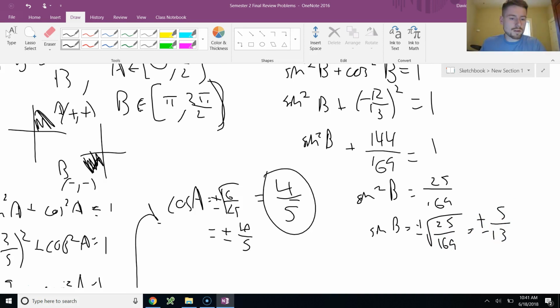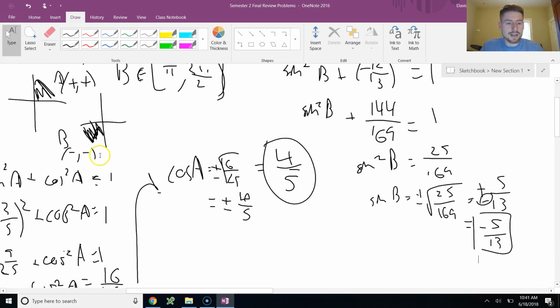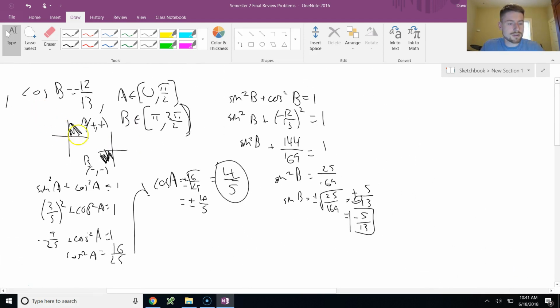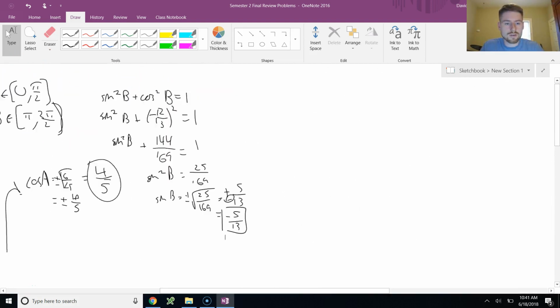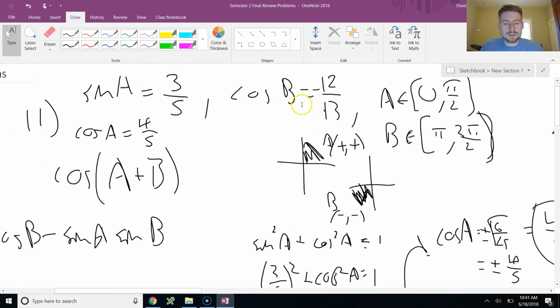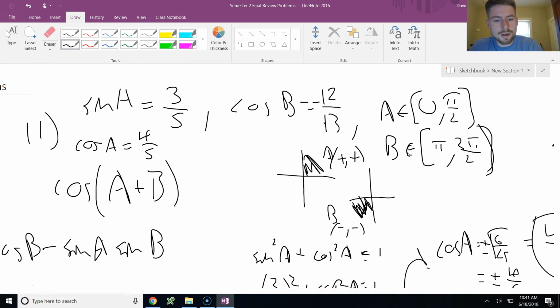And as I said before, B is in quadrant 3, so it's negative, and so we take the negative square root. So this equals negative 5/13. So sine is negative in quadrant 3. Let's go back and put that in next to cosine of B. Now we know sine of B is negative 5/13.